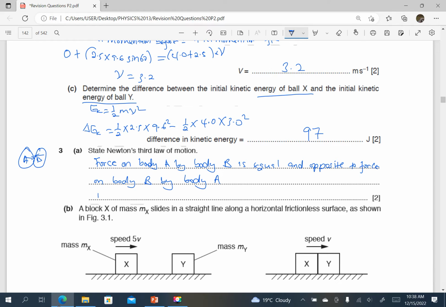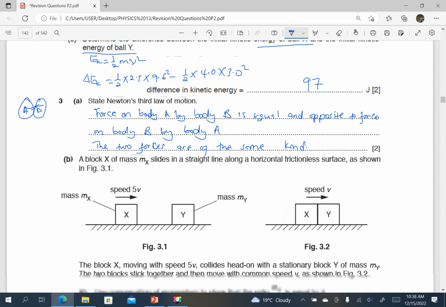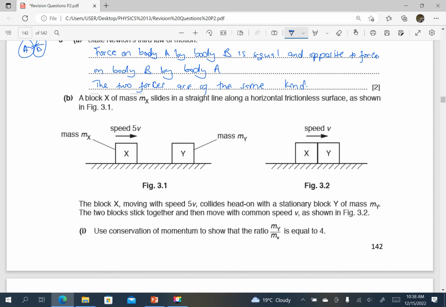The forces are of the same kind. The two forces are of the same nature. So that is Newton's third law of motion.